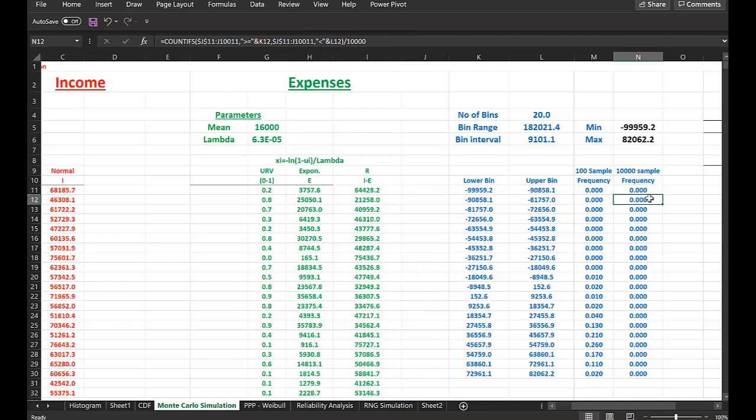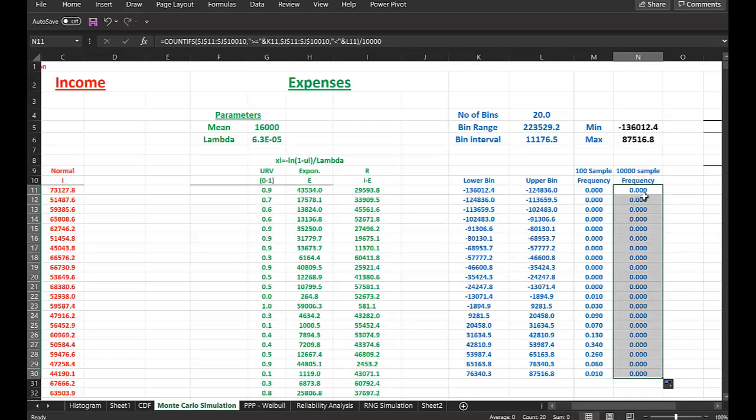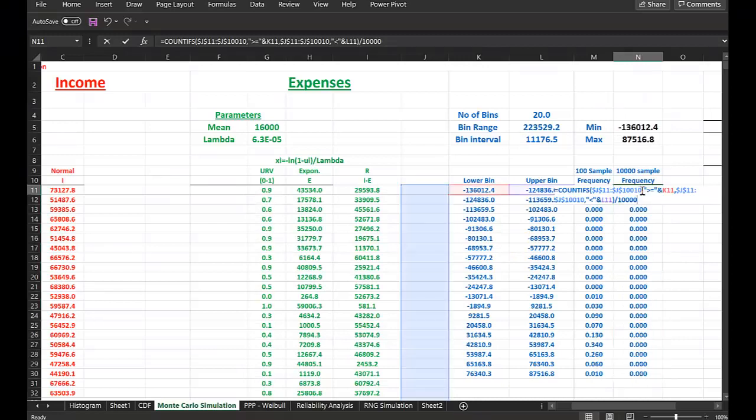So this will give me the frequency, and this will go up to 10,010, so 11 to 10,010, and the second situation is again J11 to J10,010.